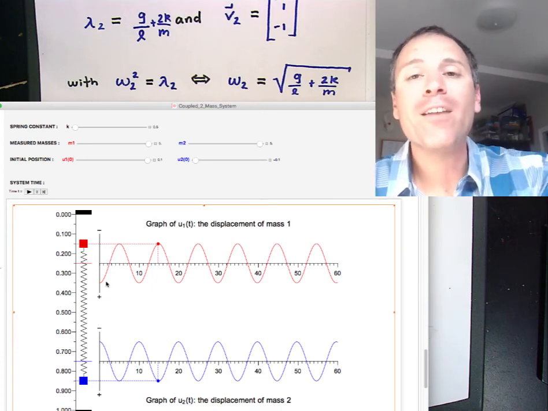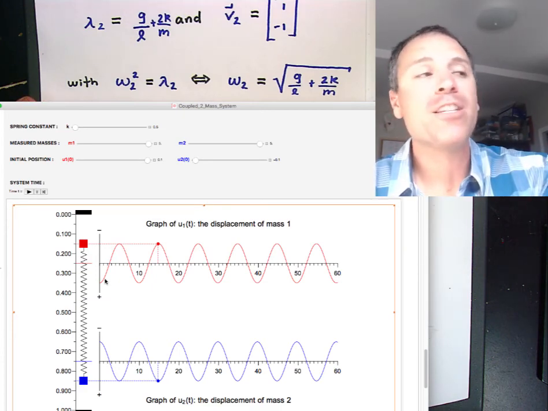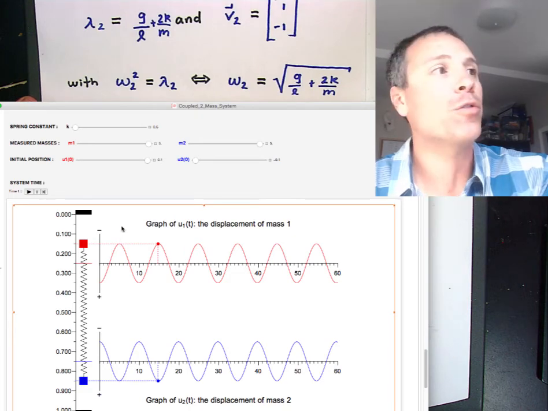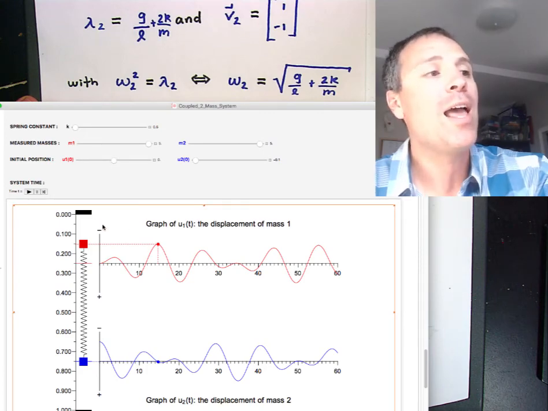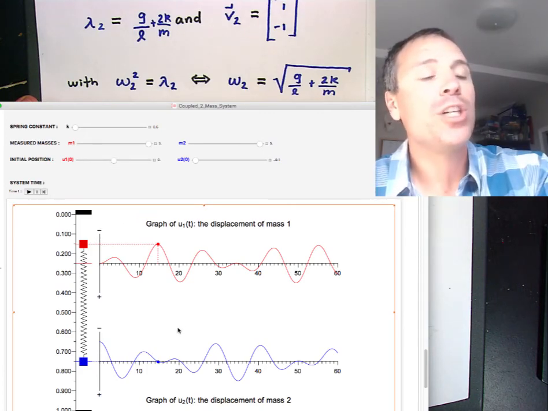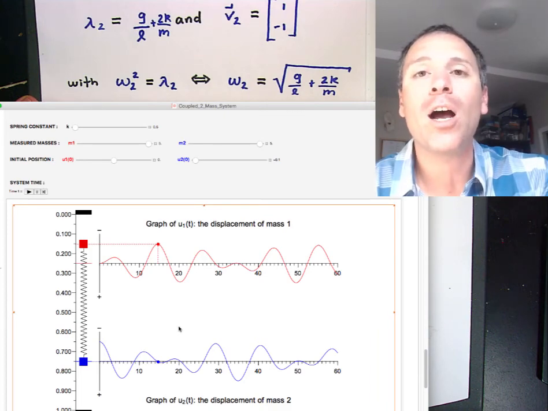Not only do the eigenvalues and eigenvectors of this matrix tell us about what we call the natural frequencies, but pretend that I put my system into non-periodic or quasi-periodic motion. The claim is that these solutions are actually going to be linear combinations of the two eigenstates.